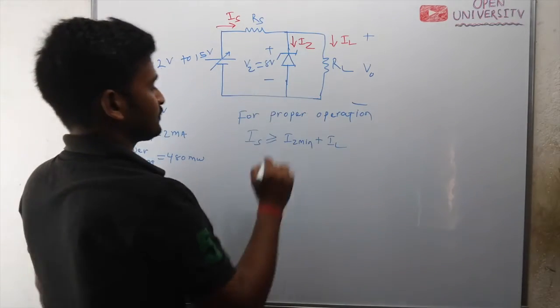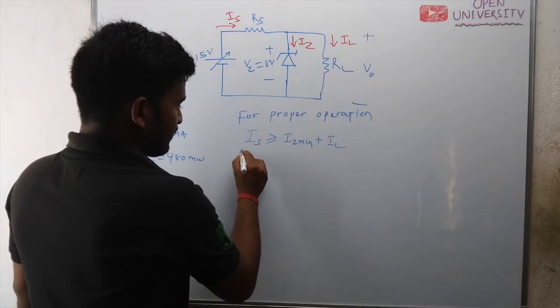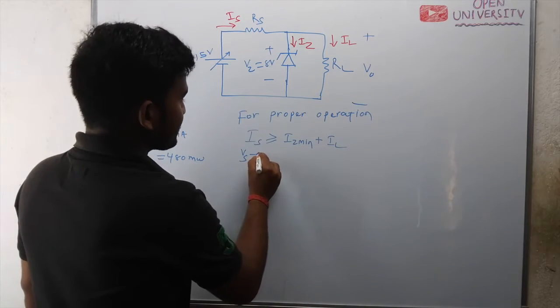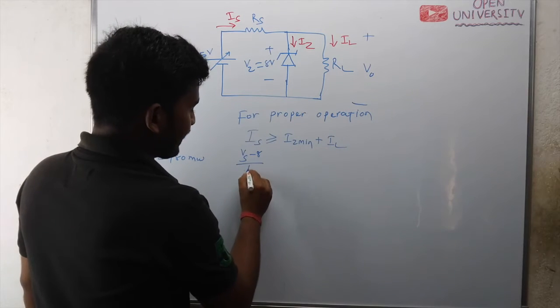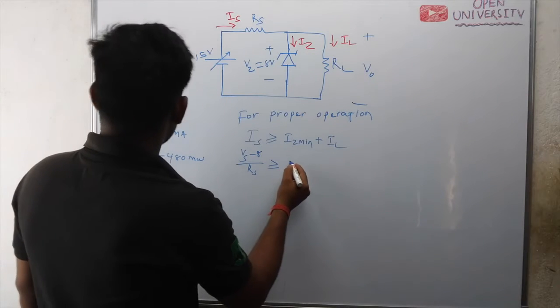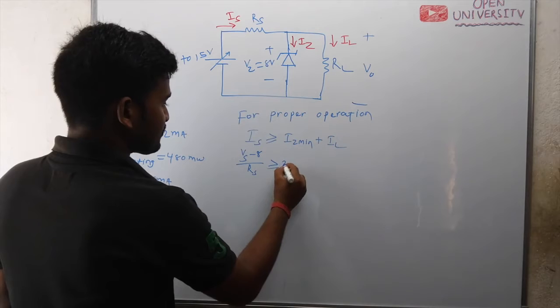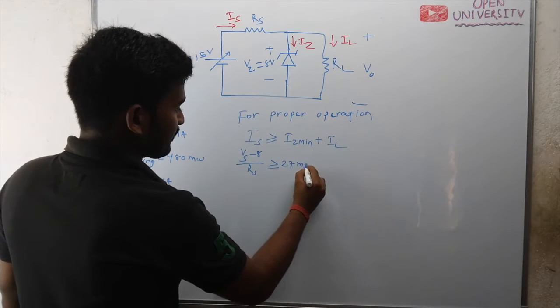IZ min is given, IL is given. What is IS? VS minus VZ, that is VS minus 8, divided by RS has to be greater than or equal to IZ min, which is 2 milliampere, plus IL, which is 25 milliampere, so 27 milliampere.